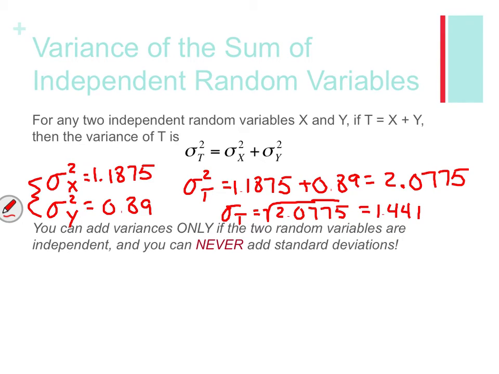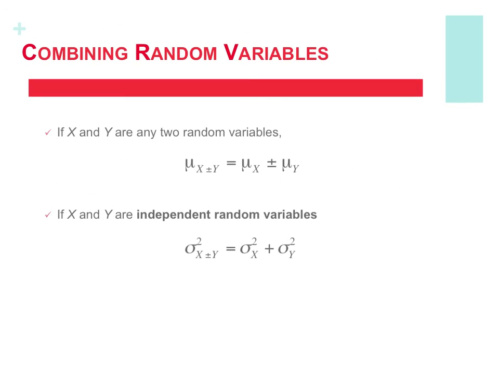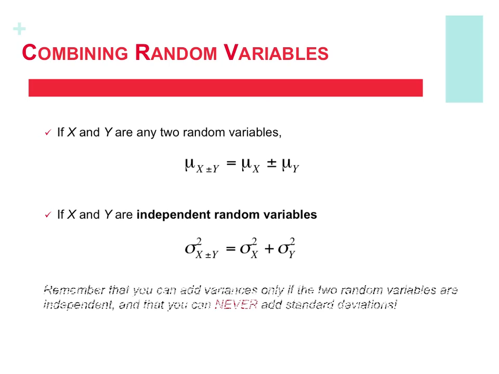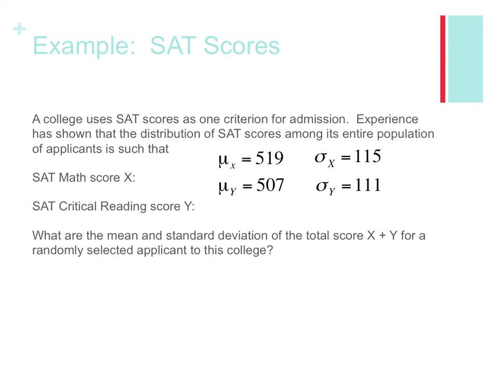All we have to make sure we do is to never ever add the two standard deviations. You always add the variances and then square root the variances. And again, they do have to be independent. Okay, so let's take a look at this quick question and be done with this video.